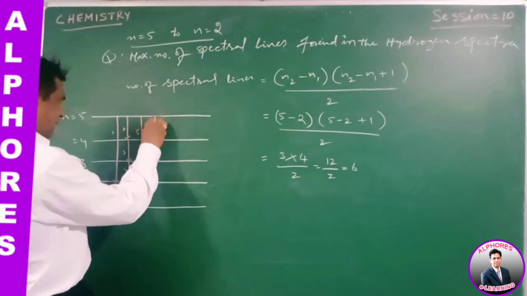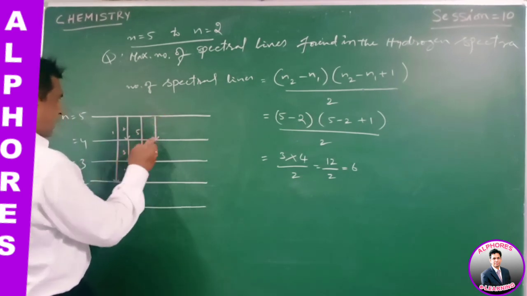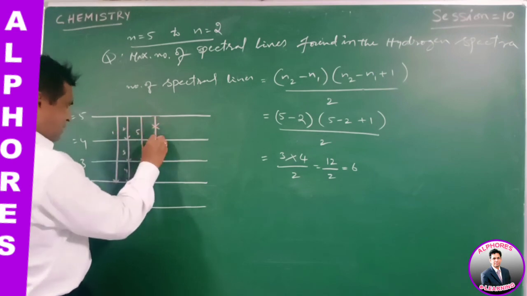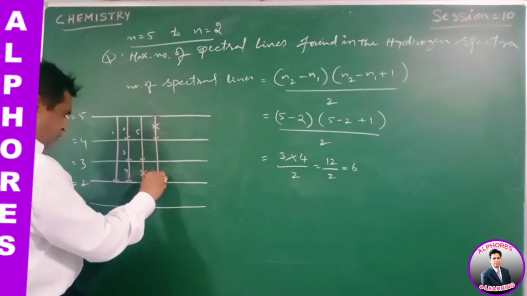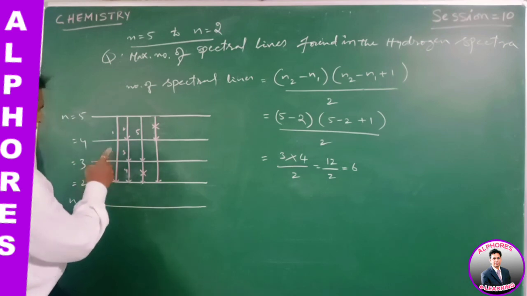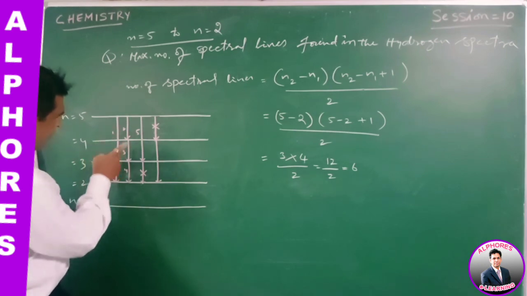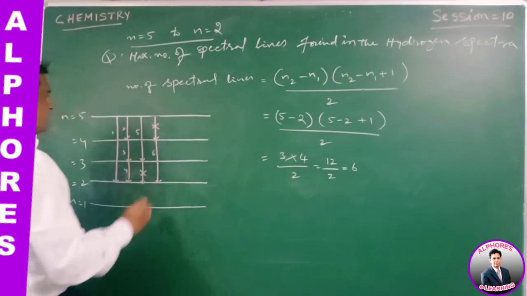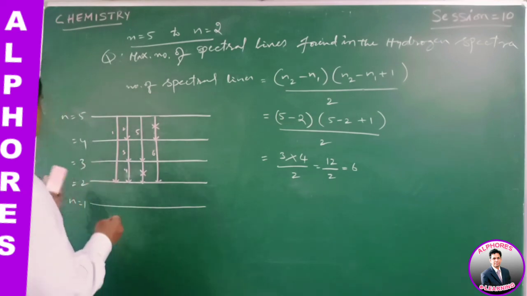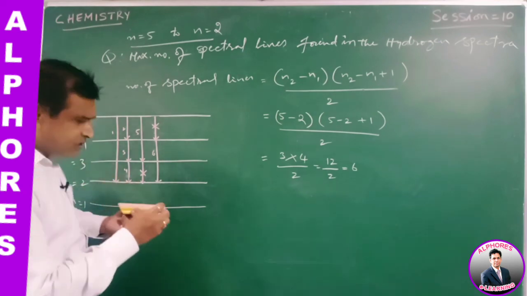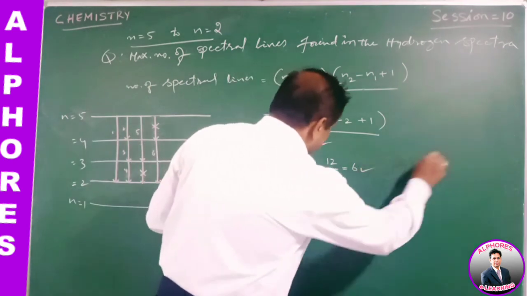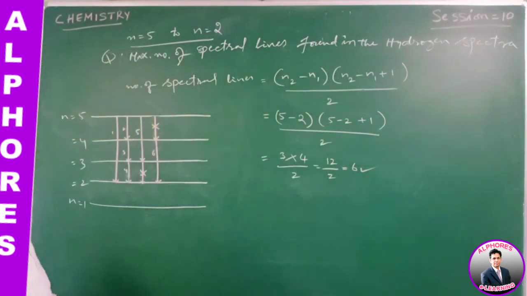Yes, the line up to this, it is already repeated here in this. Now from 4th to 1st. Okay, 1, 2, 3, 4, 5, 6. The same line must not repeat. So that is 6 spectral lines totally done. 6 spectral lines are formed.